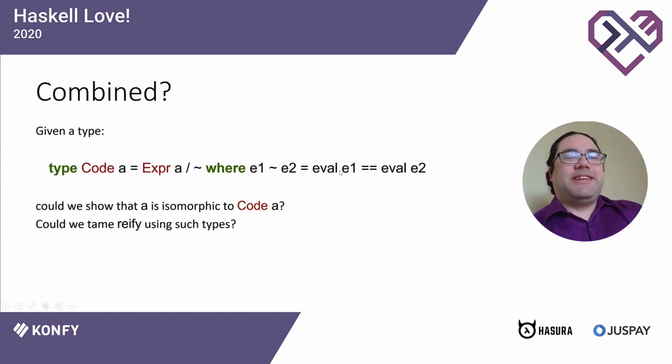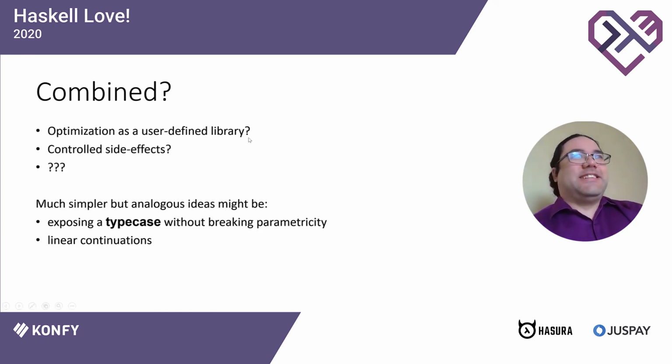We could replace the code with new code, but it would be required to behave the same. So if we made reflect and Reify have types like this, it would dramatically rein in their ability to do crazy things. And we would be able to have optimization as a user-defined library, where you could just at runtime take an expression or a function and replace it with an optimized version based on runtime data, just as a library function.